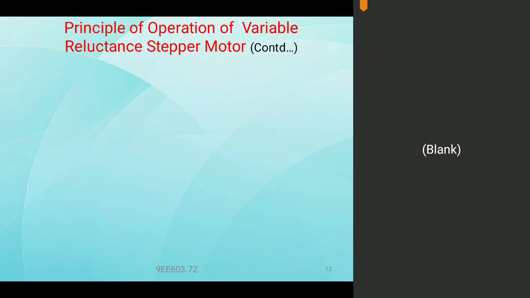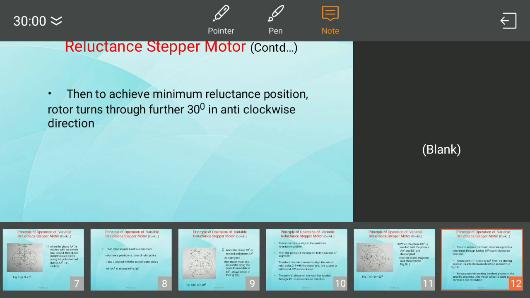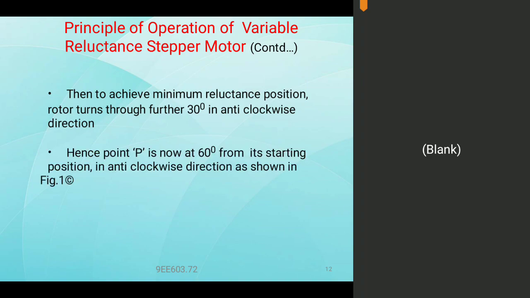To achieve the minimum reluctance position, the rotor turns through a further 30 degrees in the anticlockwise direction. Hence point P is now at 60 degrees from its starting position in the anticlockwise direction, as shown in the figure.